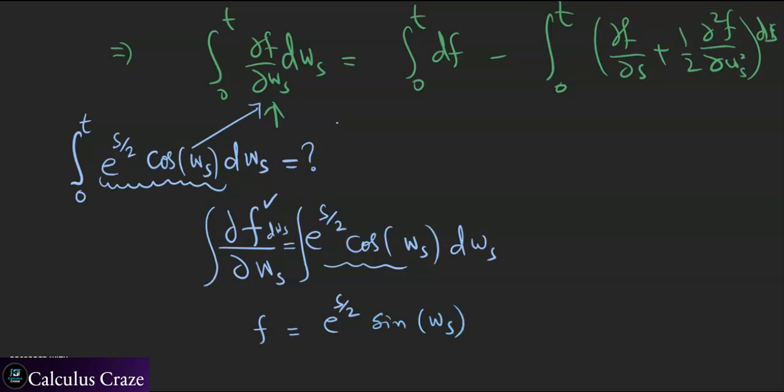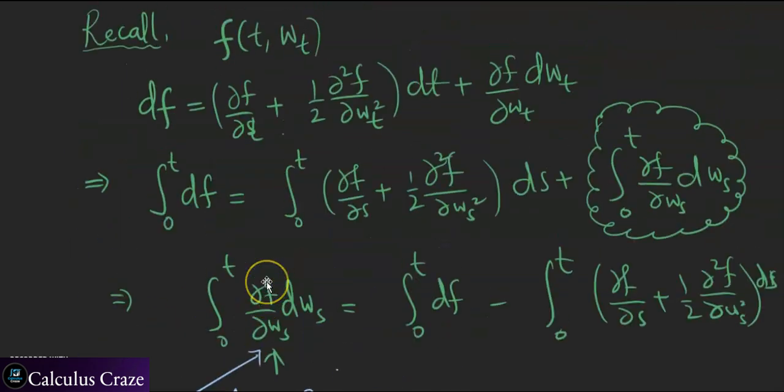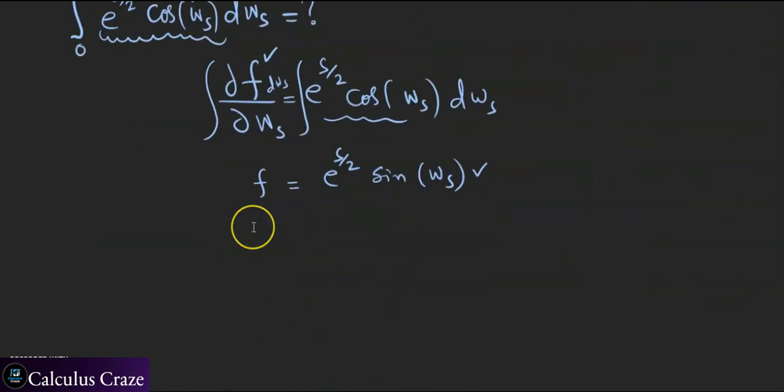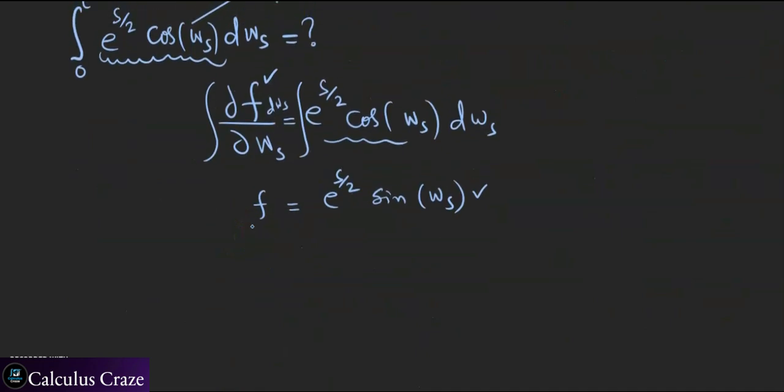So now this is going to be my function over which I will apply the Ito lemma that I have recently stated in this form, right? First I will apply Ito lemma on this, and then I will integrate on both sides, and ultimately I will get to this stochastic integral.